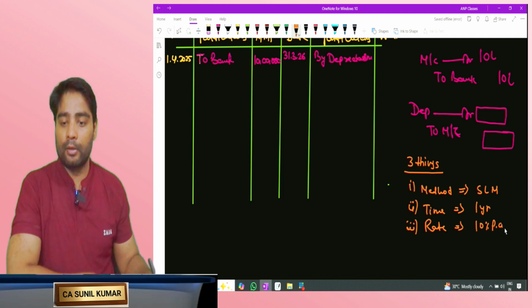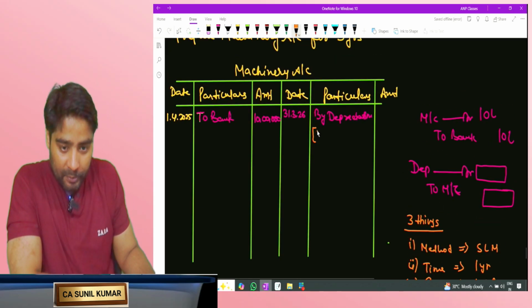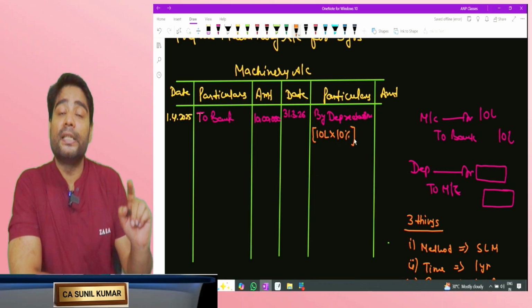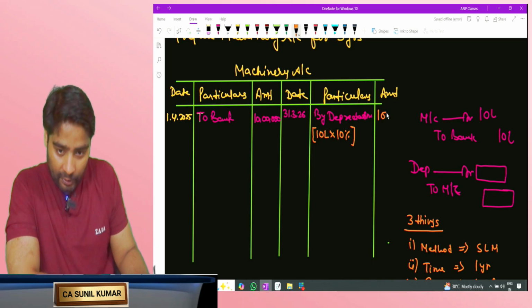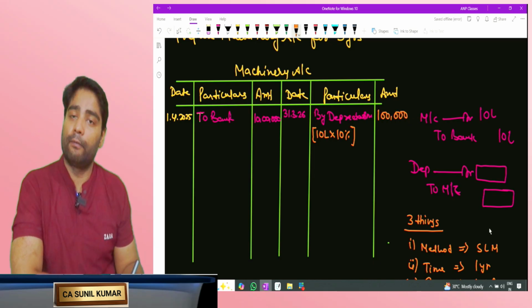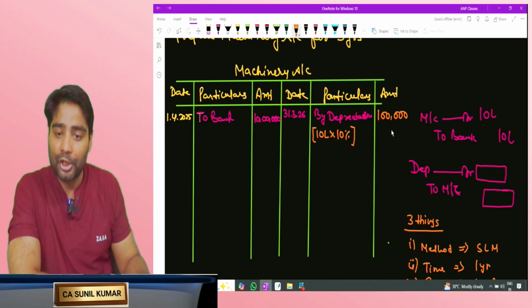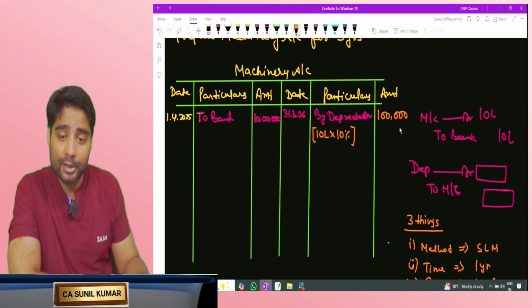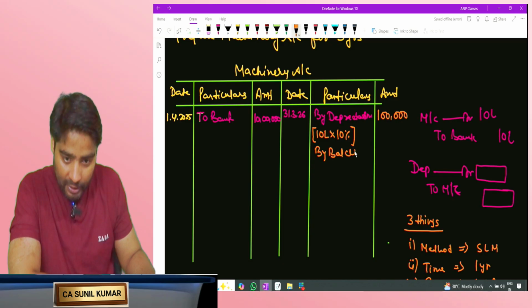Okay, so in straight line method, depreciation will be charged on the original cost and the rate of depreciation is 10%. So what is the value of 10% of 10 lakhs? Sir, it will be 1 lakh rupees. So I have purchased the machine for 10 lakh and charged depreciation 1 lakh. So what is the balance of machine? Balance carried down.